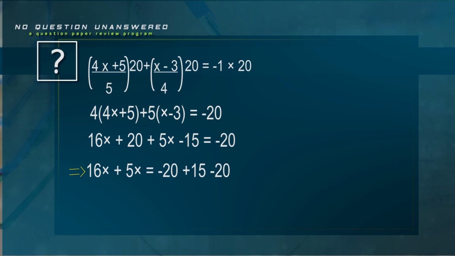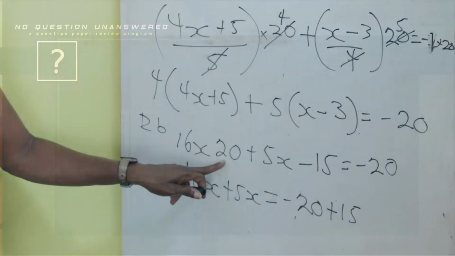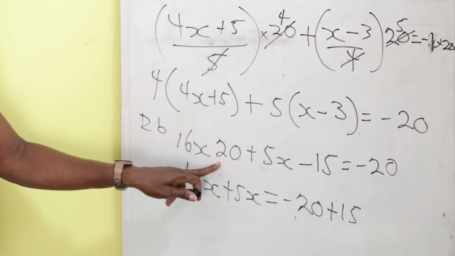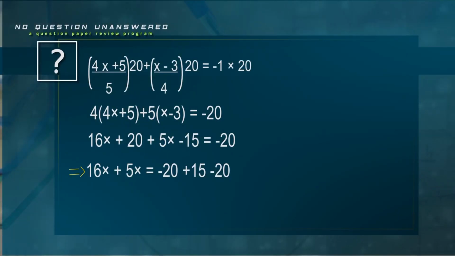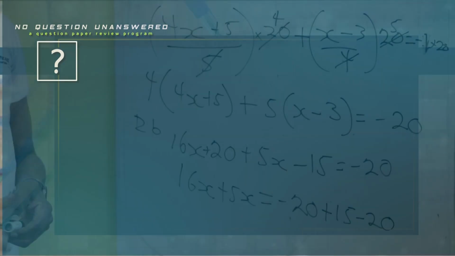You transpose the minus 15 by adding 15 to both sides, so it becomes plus 15. Transpose the 20 here also, which is plus, becomes what? You are subtracting 20 from both sides, so it becomes minus 20. Do you agree with me?